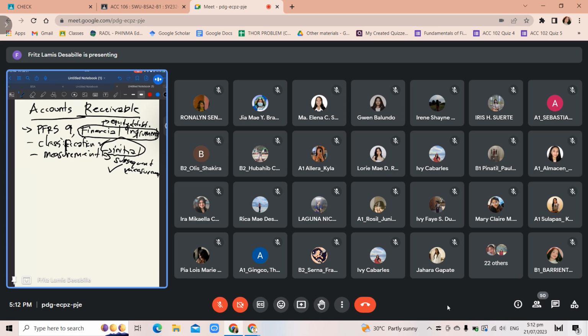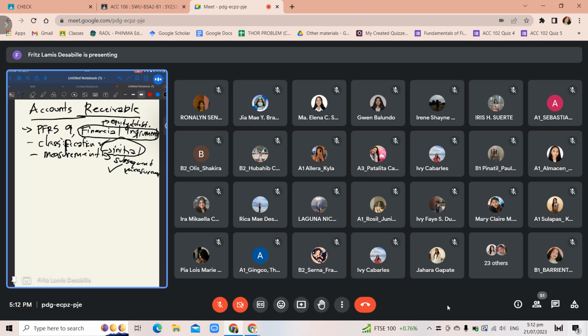Kanamang allowances. Of course, that's the main allowance that we're going to be recognizing, but there are other allowances such as allowances for sales returns and allowances for sales discounts, what else? Etc., etc. Okay. Now I'm gonna stop dilly-dallying on PFRS 9.